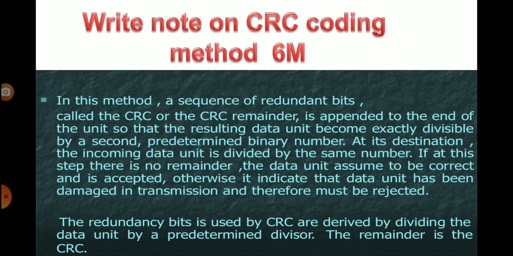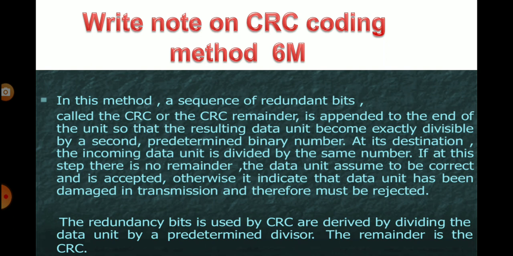Write a note on cyclic redundancy coding method. In this method, a sequence of redundant bits called the CRC or the CRC remainder is appended to the end of the unit so that the resulting data unit becomes exactly divisible by a second predetermined binary number. At its destination, the incoming data unit is divided by the same number.